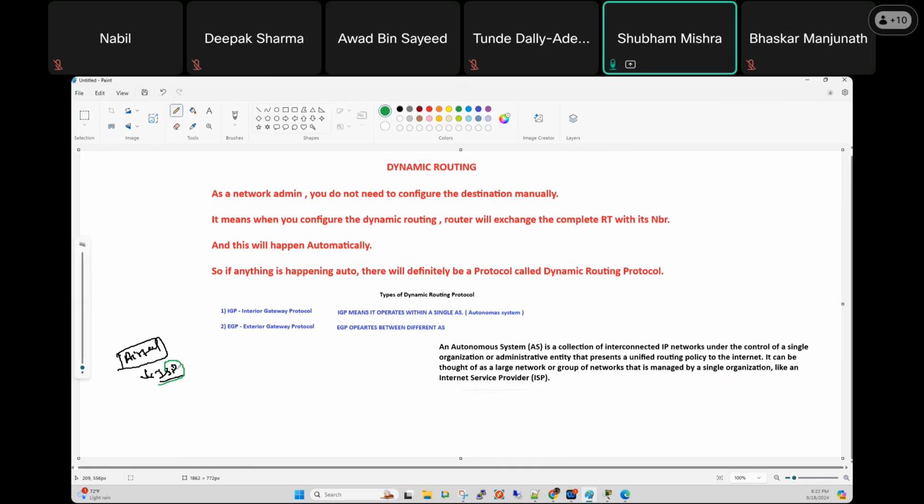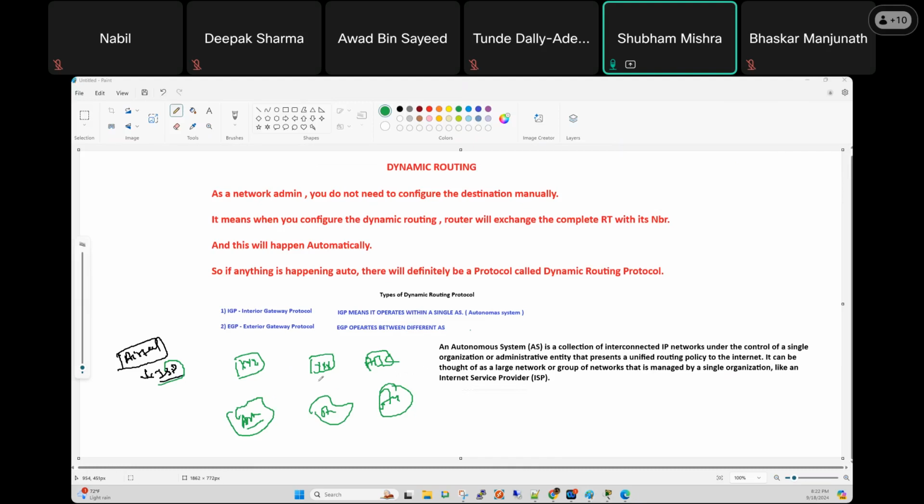For example, this is the company, let's suppose XYZ. There is another company, YYY. There is ABC. So these are the companies, and these companies are using, let's suppose, Airtel as the ISP.